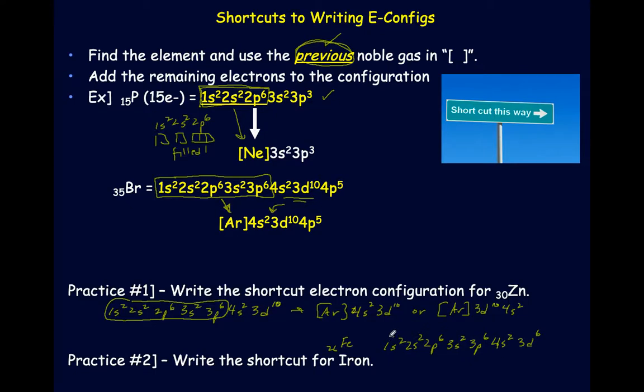Again, what's our previous noble gas? The noble gas that comes before iron is argon. So we could say argon 4s2 3d6, or you can switch the two, however you want to write it.